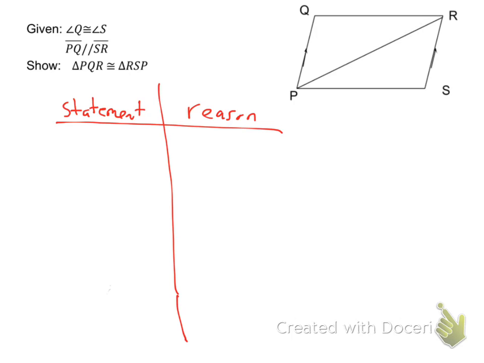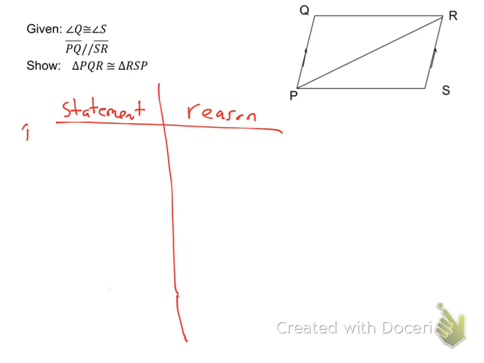Remember, in the given, it's telling us parallel. That's what those slanted lines are, right? And it's hard to see on here, but I tried to add little arrowed lines. They're little arrows that would signify parallel.